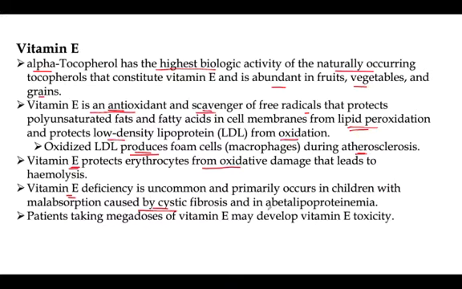So, in these children who are suffering from either of these conditions, there is malabsorption of vitamin E, which may lead to deficiency of vitamin E in these children. However, vitamin E deficiency is uncommon.